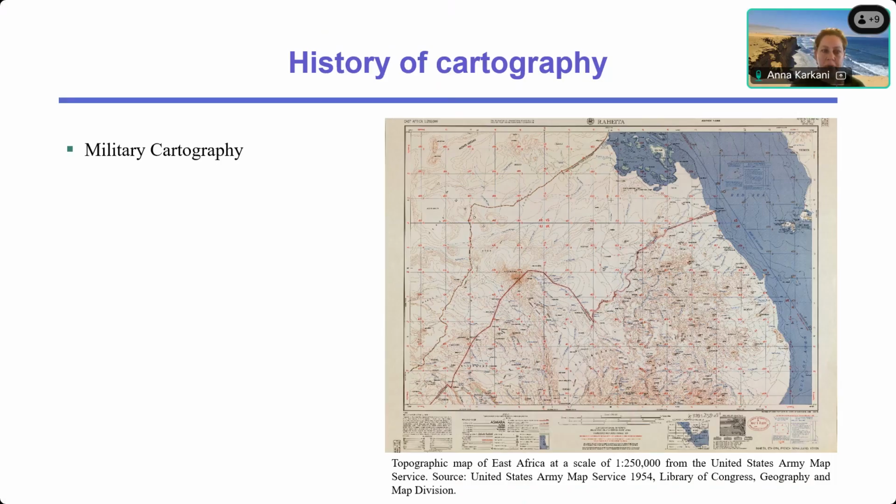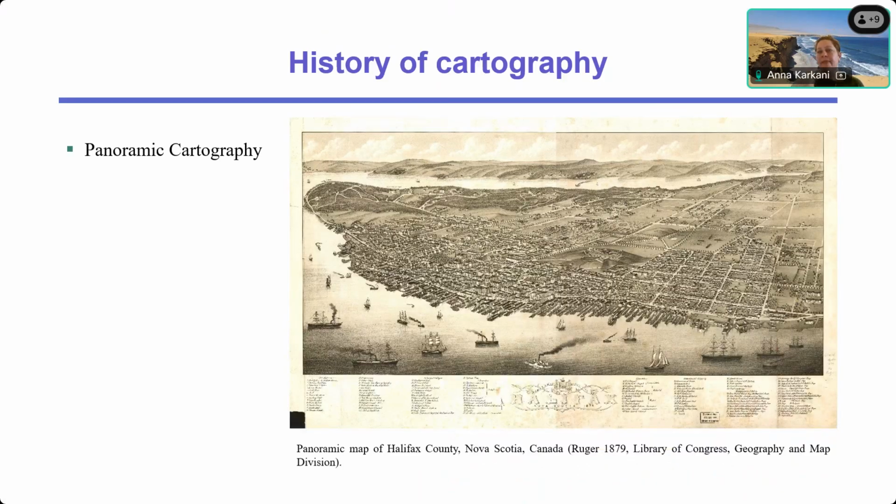You can see an example here, okay? This is from 1954. Another popular cartographic form was what we call panoramic maps, like the one that you see here.